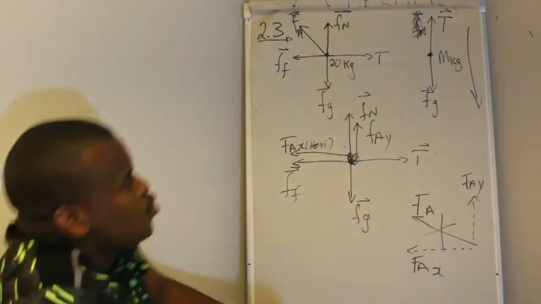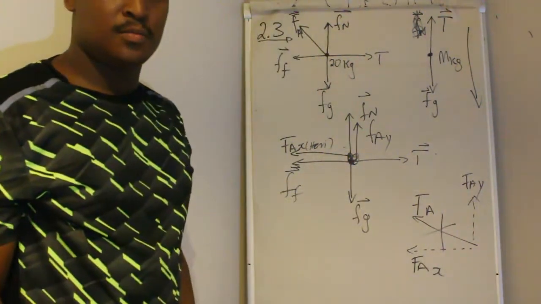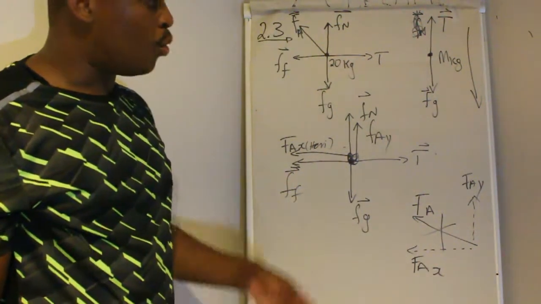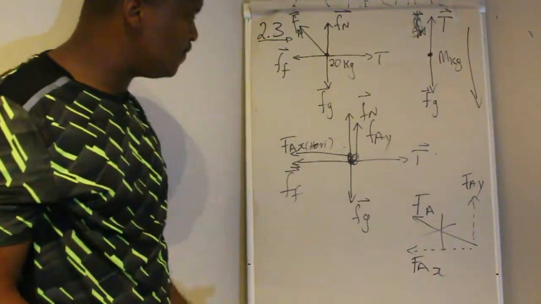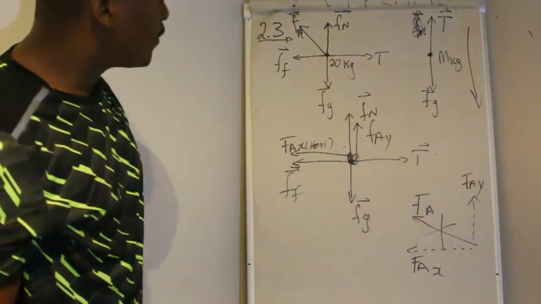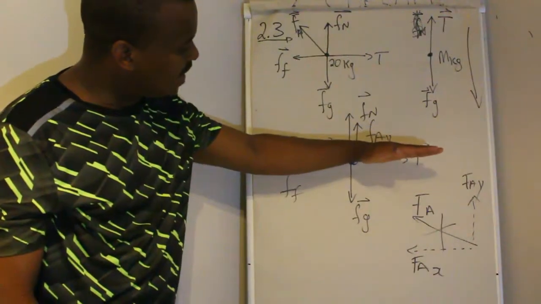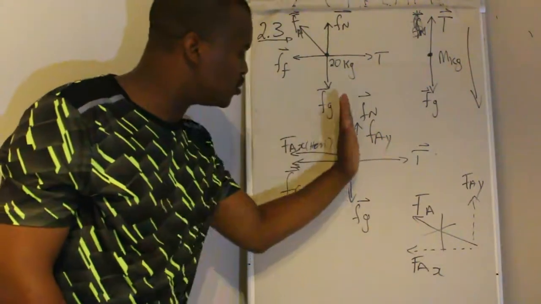Then from here, you can be able to do calculations. So now the next step that we're going to do is to perform the calculations, because all our forces are parallel to the surface or perpendicular to the surface.